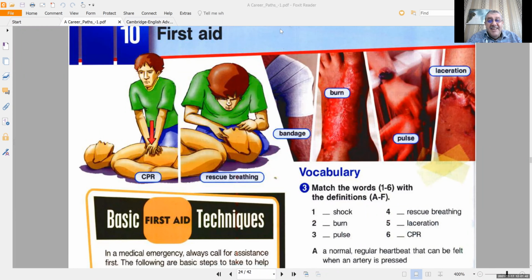So yes, this is number A. Number 2, what will the woman likely do next? Cover the injury, clean the laceration, remove the bandage, apply pressure to the cut. So it is number A again, to cover the injury. So number 1 is A, number 2 is A.